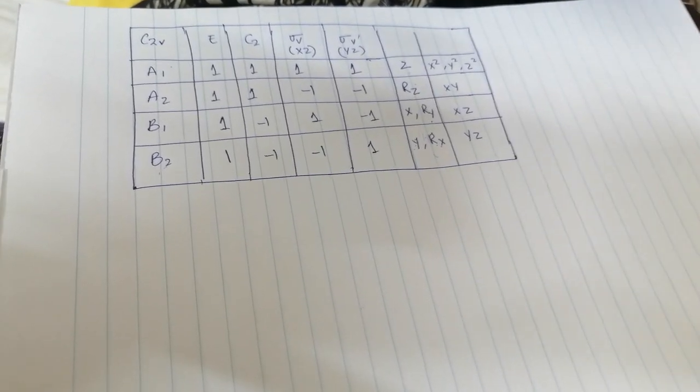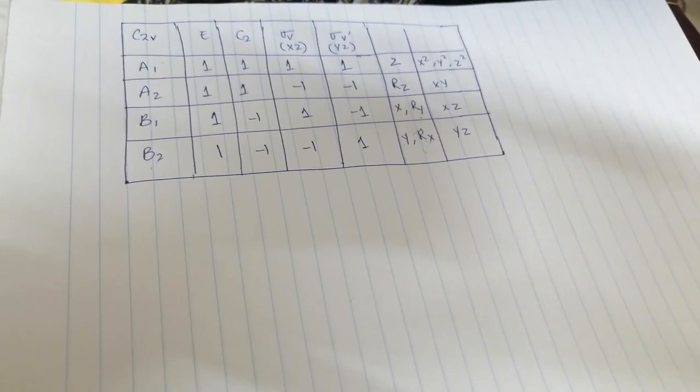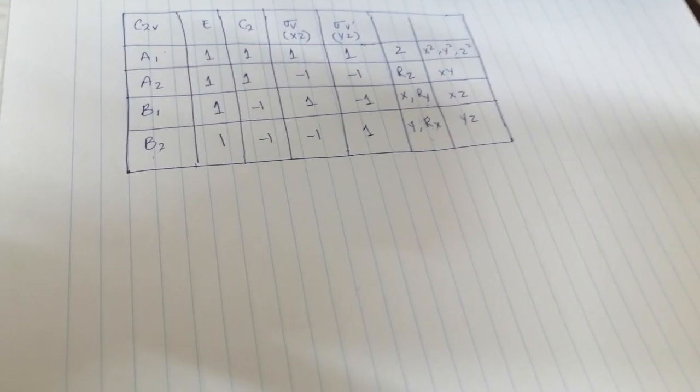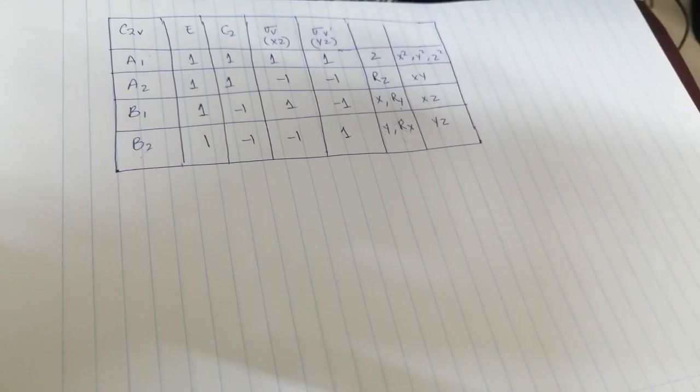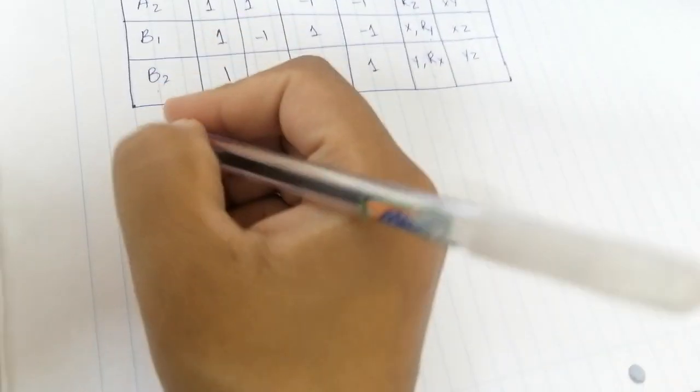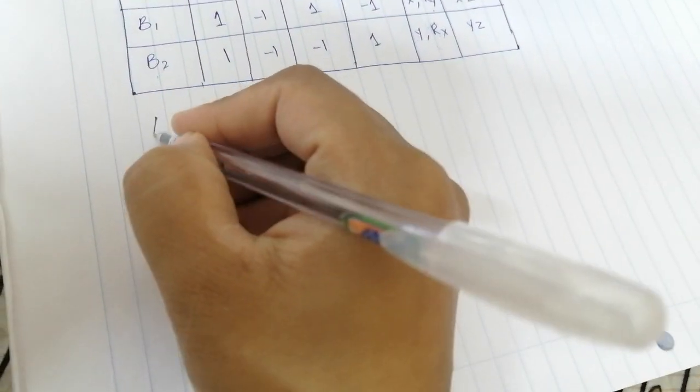Okay, so then we talked about the Mulliken symbols, like A or B, E or T. These have special meanings to them, right? So let's look at some of the Mulliken symbols.